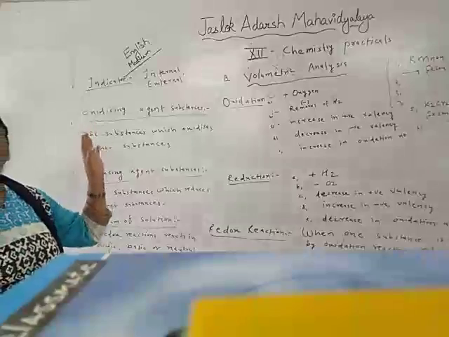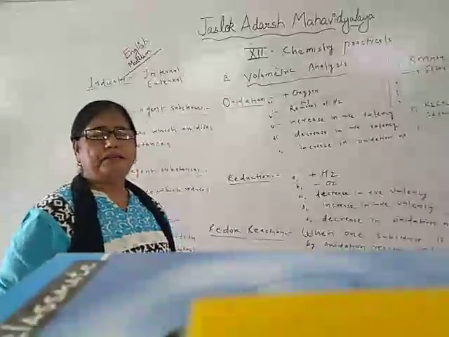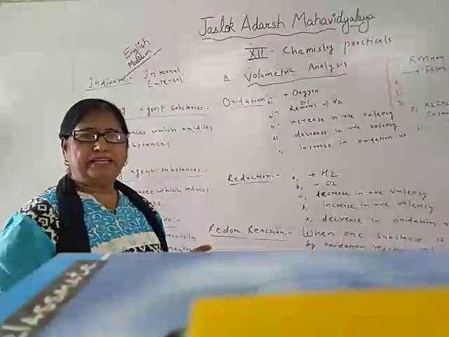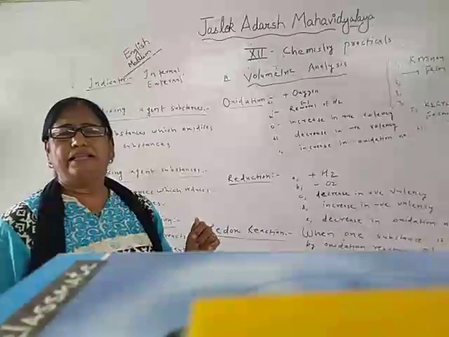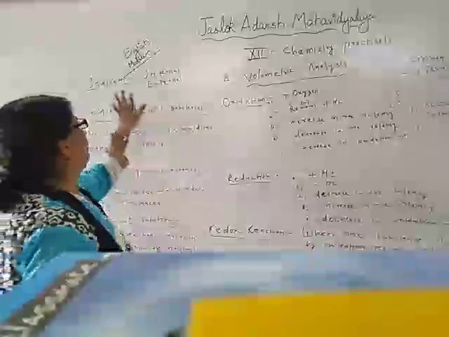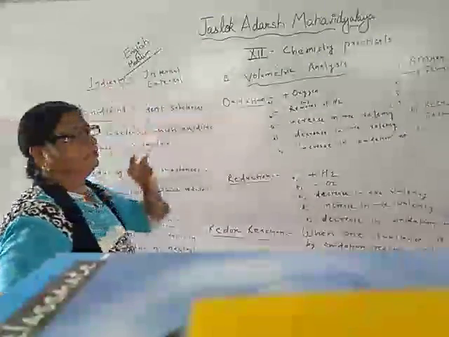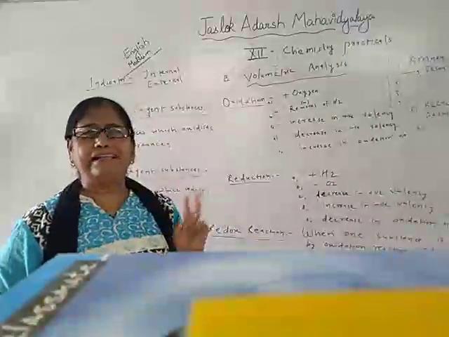Now we come to the next point, that is indicator. In 11th we used phenolphthalein, methyl orange, like that. The color was changing from colorless to pink, then yellow to orange in methyl orange. Here indicators are of two types, internal and external.